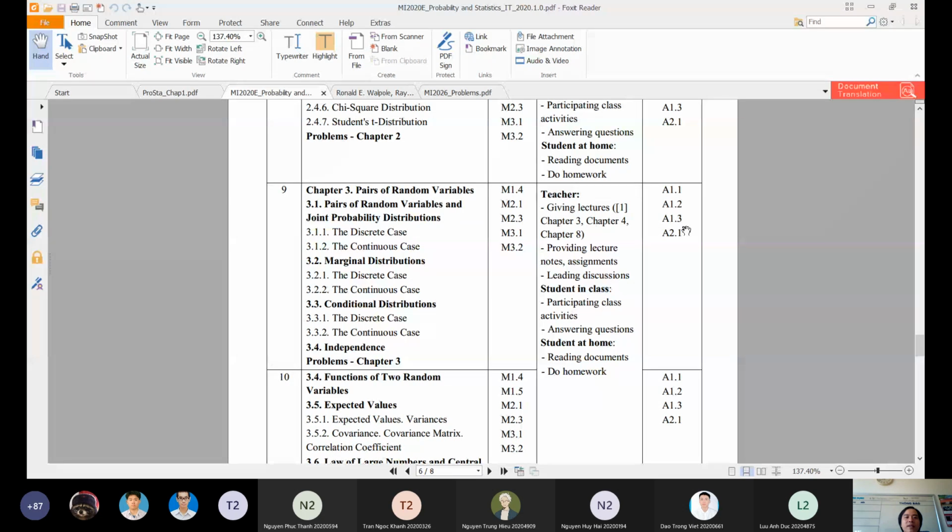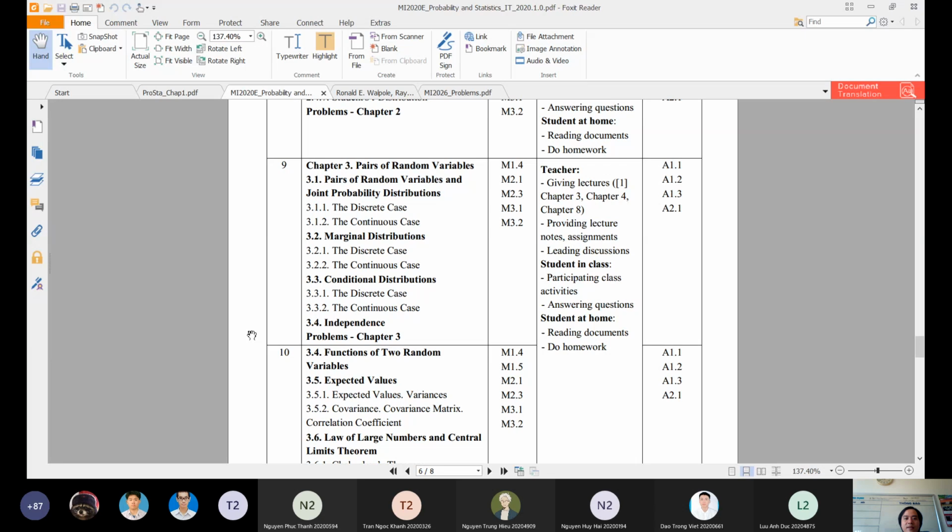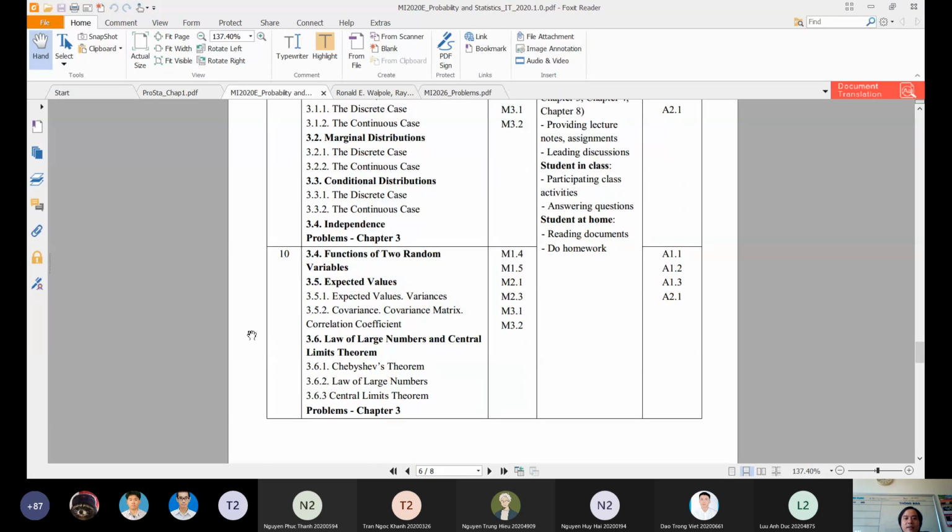Next, in chapter 3, we will consider random vectors, or we can say pairs of random variables. And we will introduce some very important laws in probability theory. That is the law of large numbers and the central limit theorem.